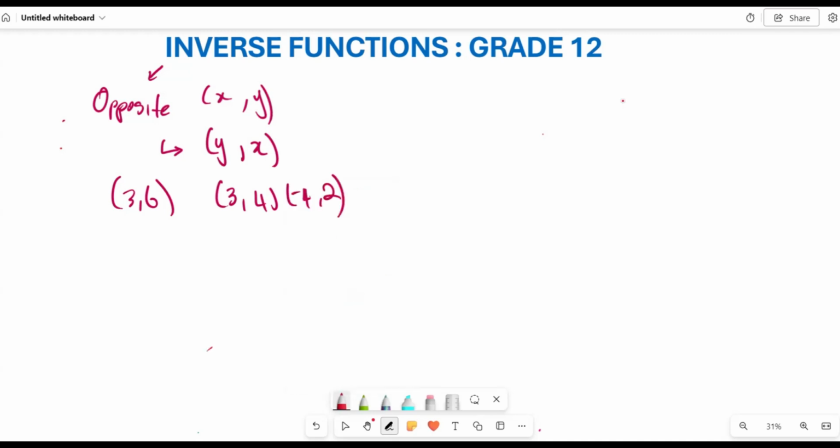What is it that you are going to do? The inverse of this would be six, three; this would be four, three; and this would be two, negative four. So that is the very basic understanding of our inverse.